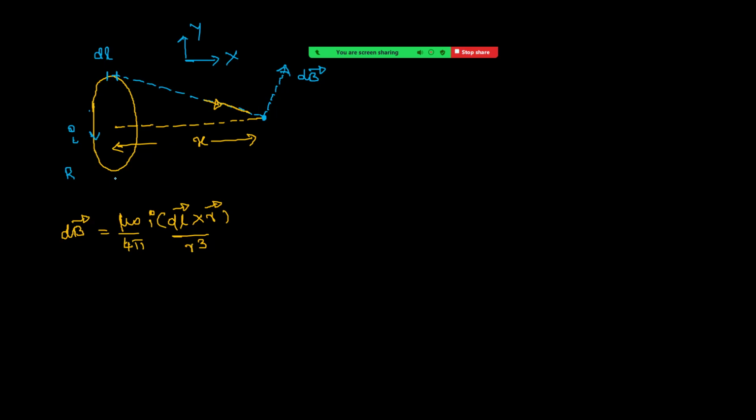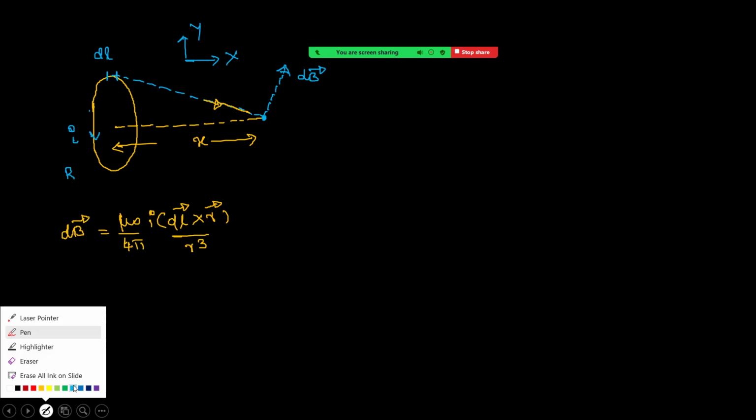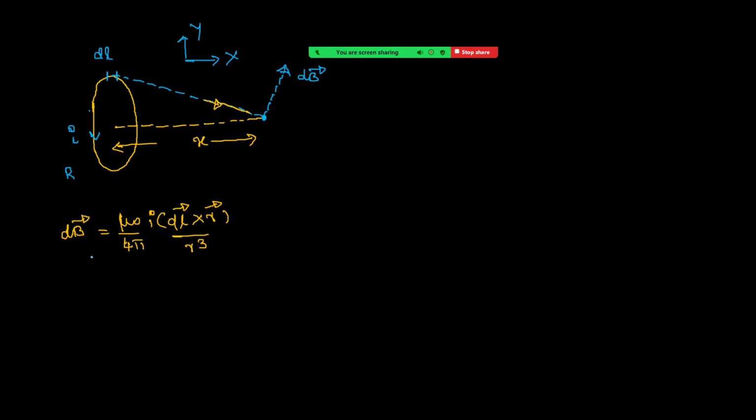Now I am taking a diametrically opposite element. Let us take one more element diametrically opposite. So this is dl bar, and for this one the dl bar direction is into the board, meaning minus k cap.